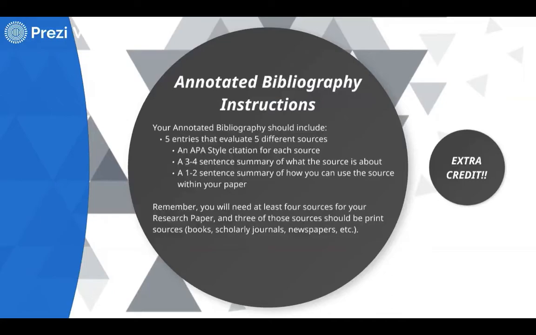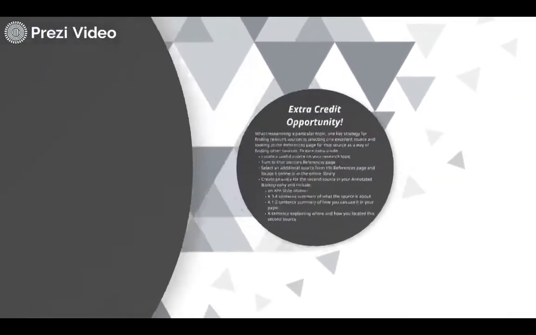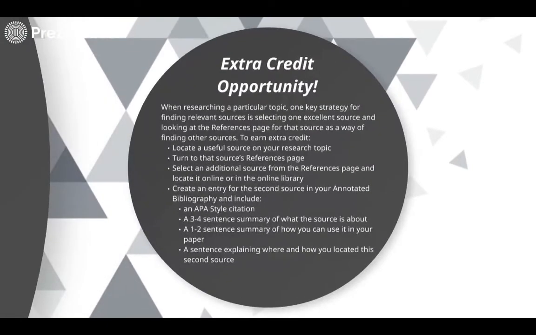Now let's take a look at an opportunity to earn some extra credit on your annotated bibliography. When researching a particular topic, one key strategy for finding relevant sources is to select one excellent source and look at the reference page for that source as a way of finding additional sources. To earn extra credit in your annotated bibliography, please locate one useful source on your research topic.